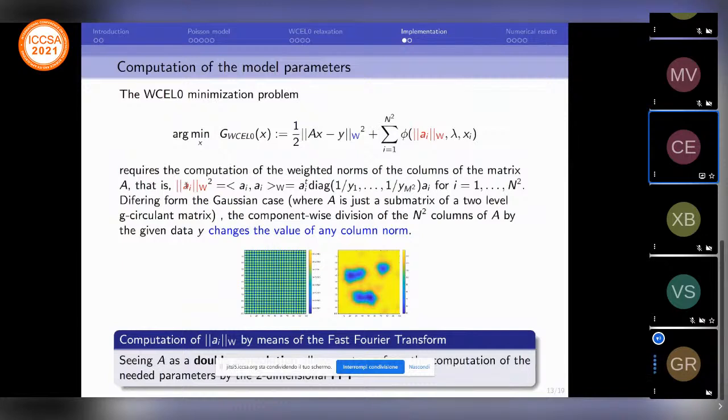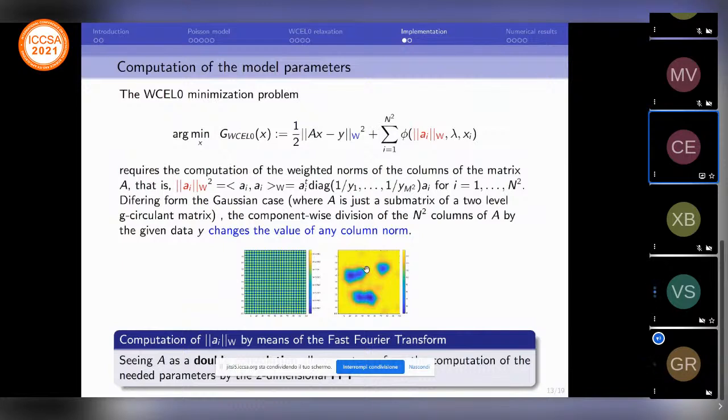But in the case with the W, each column has a different norm because each column has different weights. Here you see, in the Gaussian case, we have only 4 different colors for L, because 4 L is the ratio between the final grid and the coarse grid.